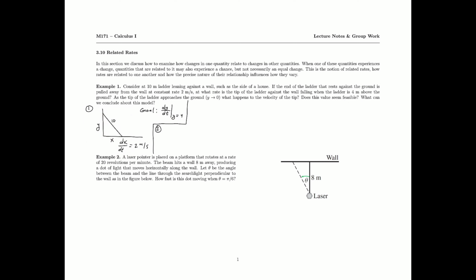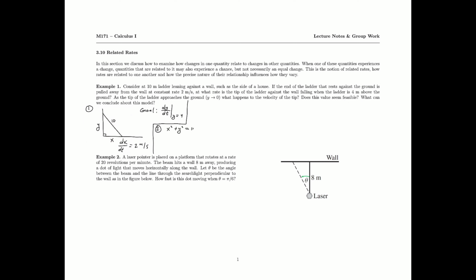So what you have to do now is figure out some way to relate x and y. Is there some sort of equation that we can come up with to get x and y in the same equation? Well, most of these problems do boil down to geometry. This is a right angle, so this is a right triangle. And because this is a right triangle, we can use the Pythagorean theorem.